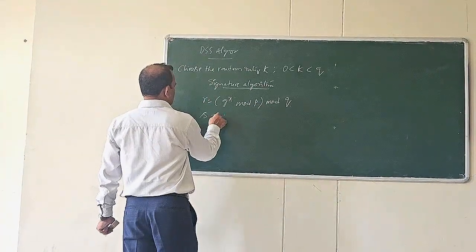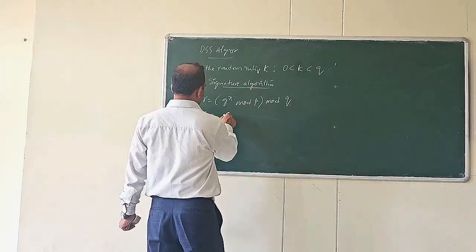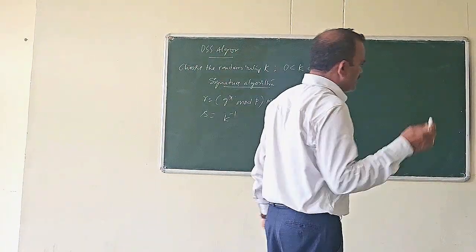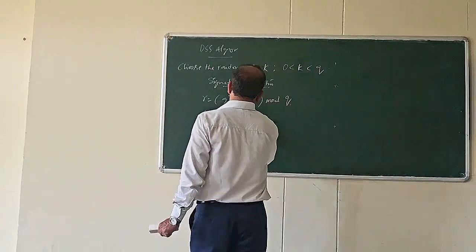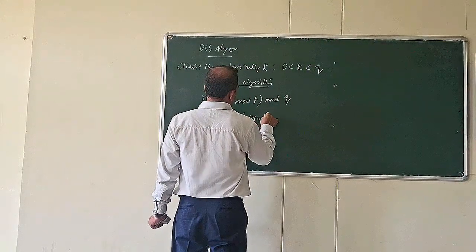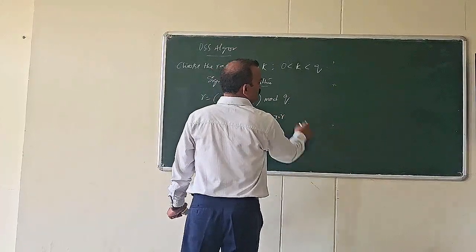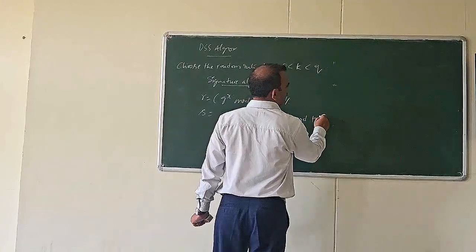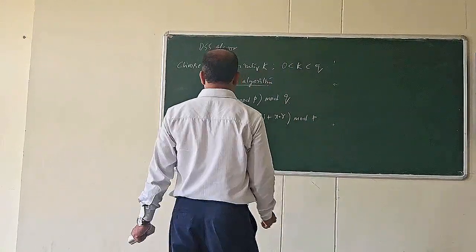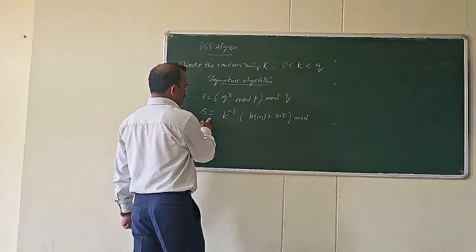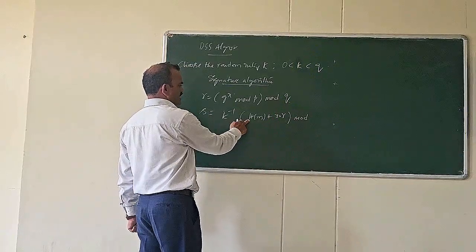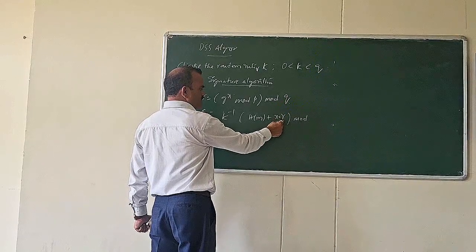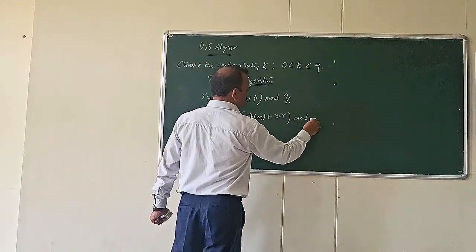And another parameter, s equal to k inverse into the sum of hash message and the product of x into r, whole mod q.